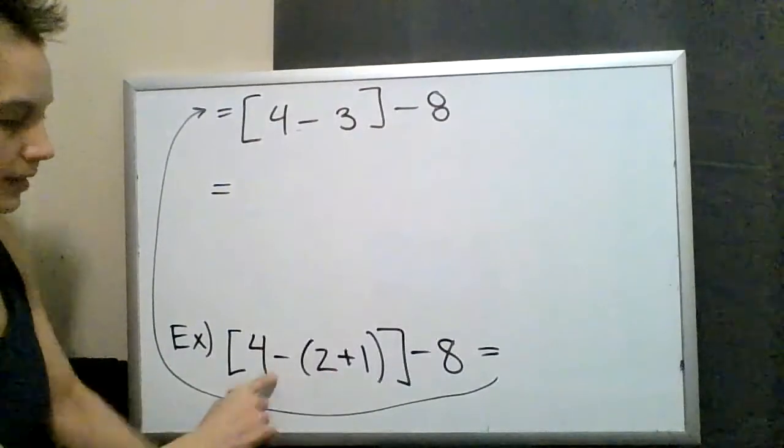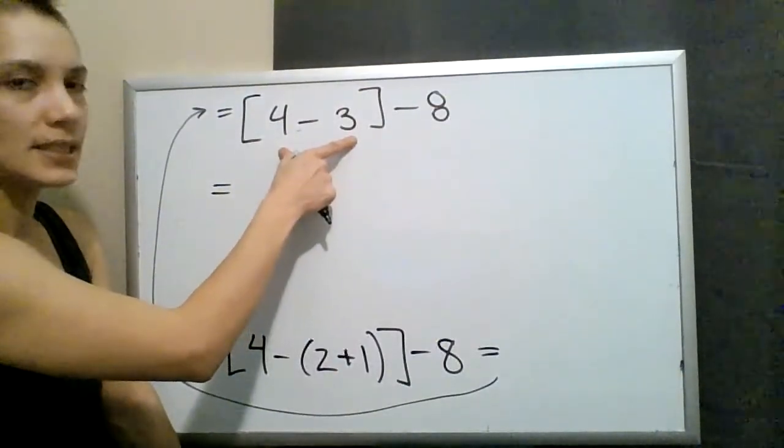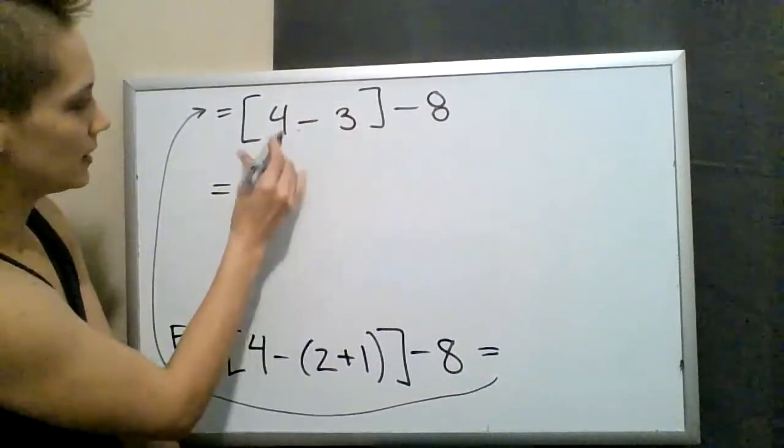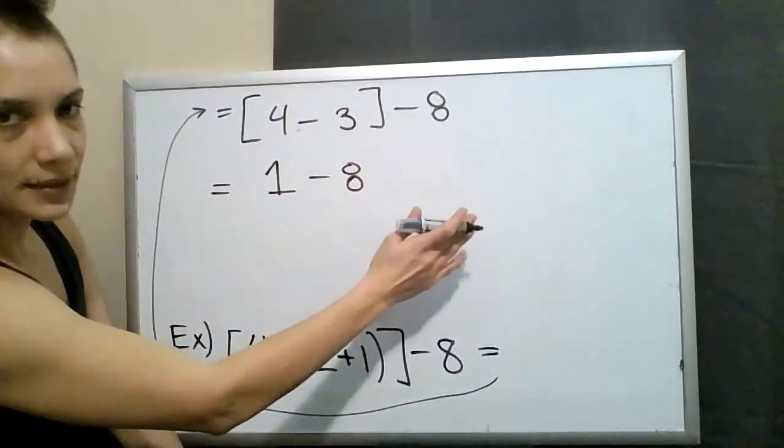So put that together, and I've got 4 minus 3, because I want to stay inside of the parentheses. 1 is left. 1 minus 8 is negative 7.